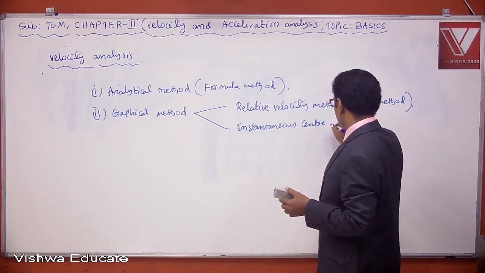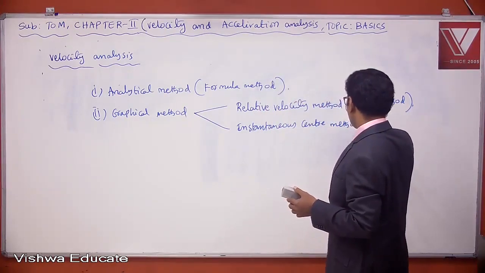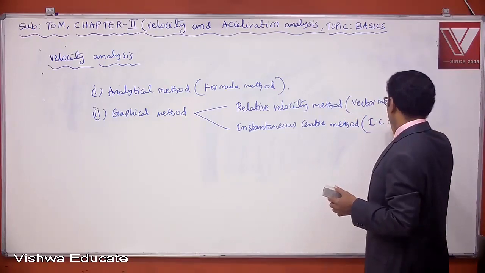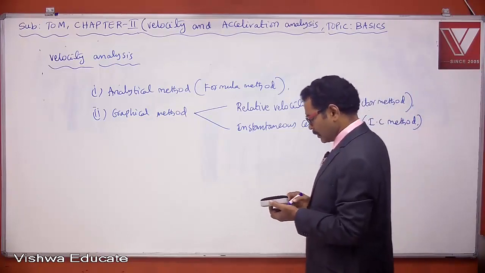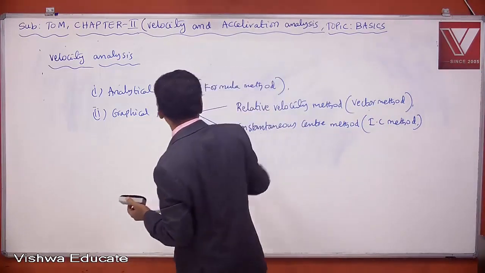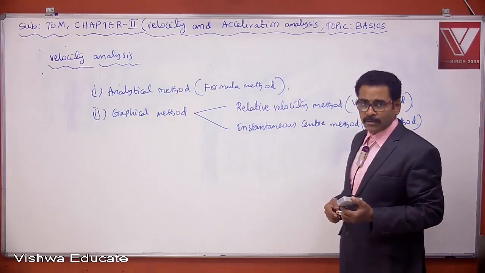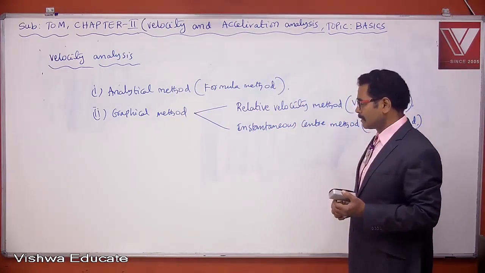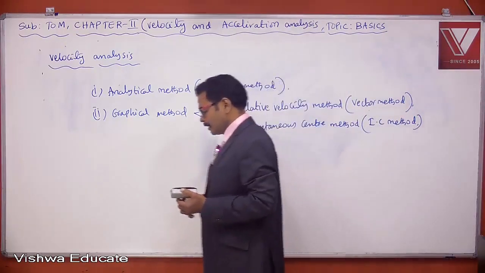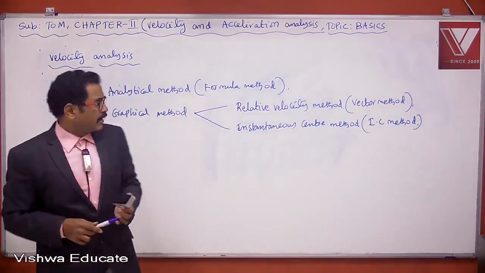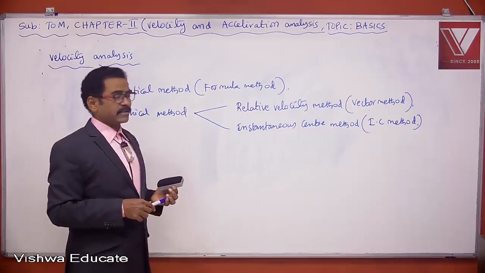Instantaneous center method is also called the IC method, right? So we can perform velocity analysis of a mechanism in these methods. First is analytical method or formula method. Second is graphical method. In graphical method, there are 2 ways again: relative velocity method, and next is instantaneous center method or IC method.